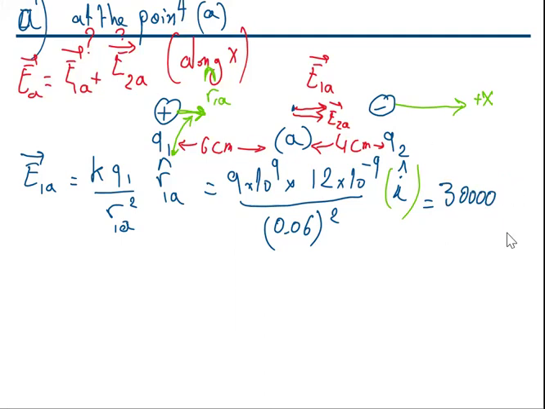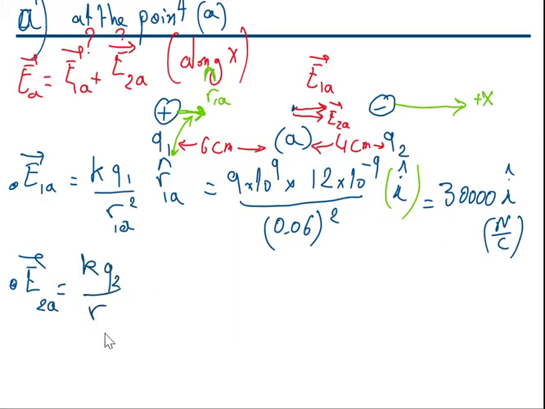Good. Very good. So this is the first vector. Let's move to the second vector. Using the same way, E to A should be k Q2 over r2A squared multiplied by r hat to A. Okay. Should we put the absolute value? No, we don't put the absolute value. 9 times 10 power 9 multiplied by negative 12.